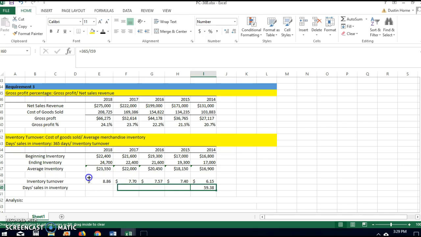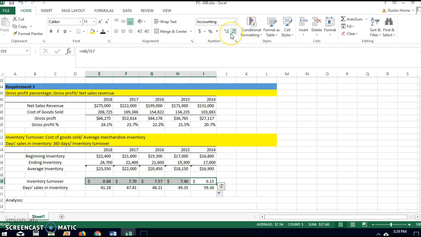So I'm going to do that with each one, and so you can see here that the days of sales in inventory is going down, which is a good thing, meaning that it's not taking us as long to turn our inventory over to sell it. And we want it in and out very quick. We want to get the inventory in and sell it as quickly as we can.